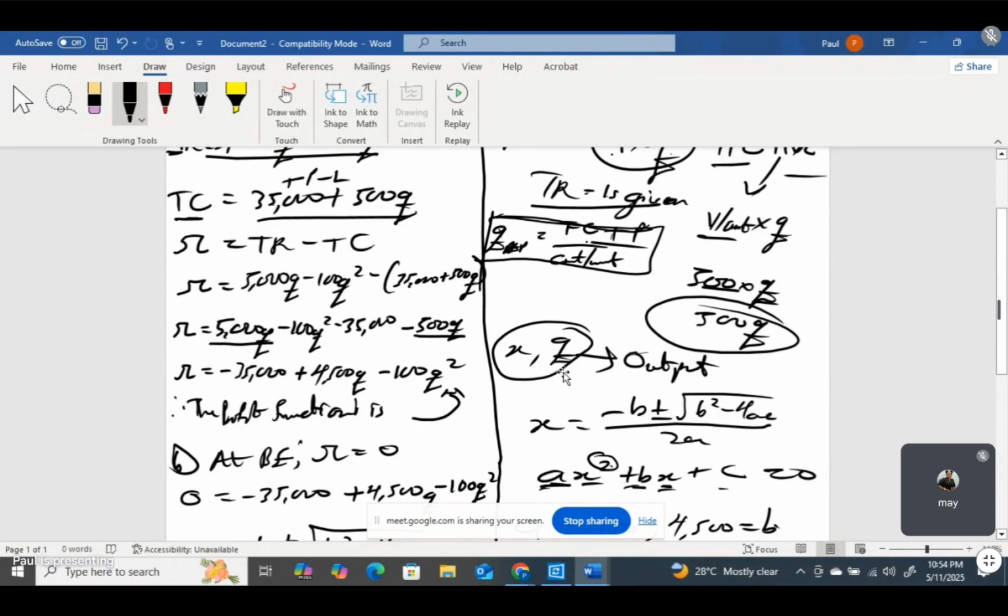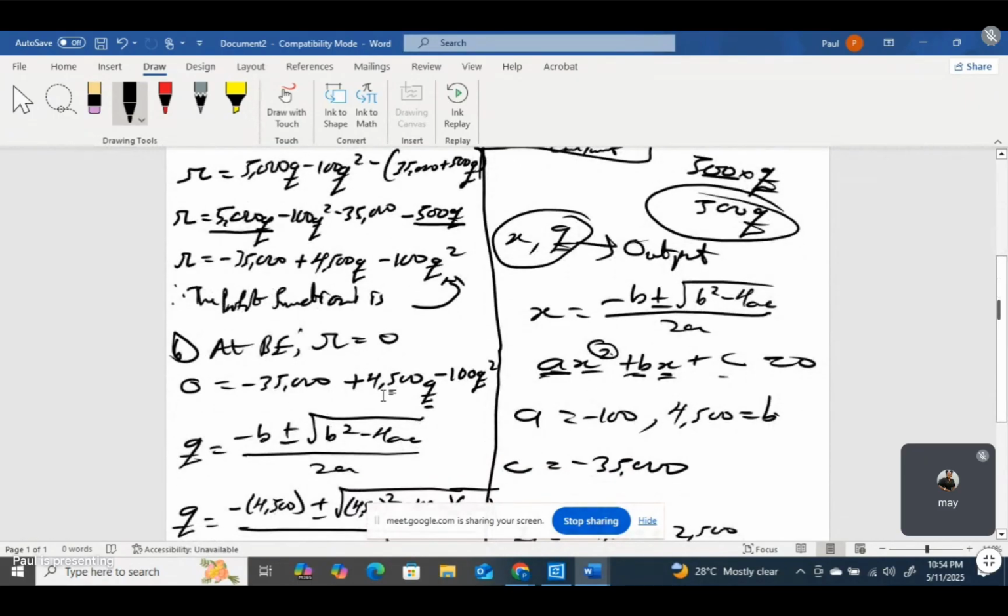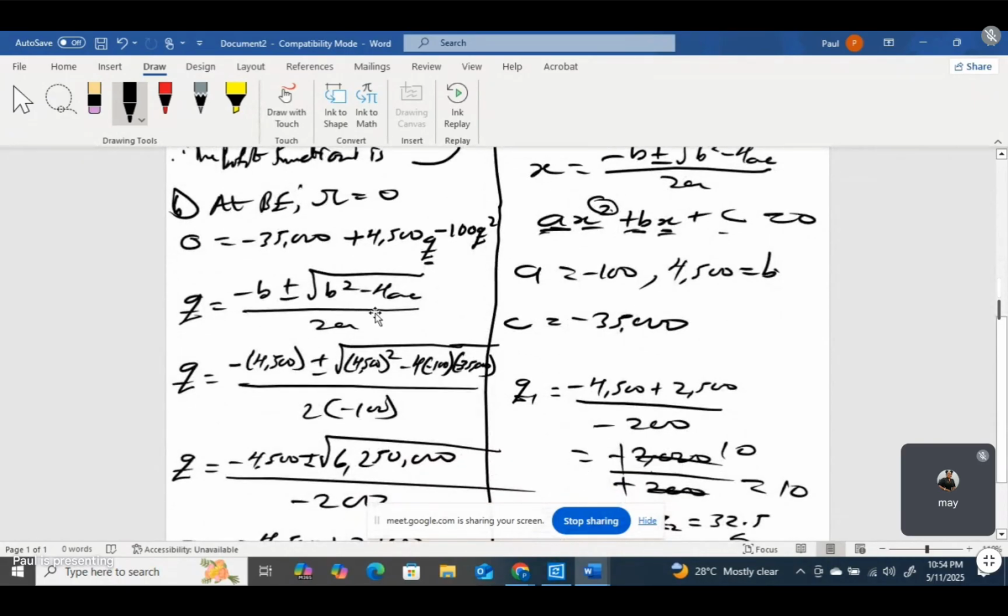And you see this is the profit function. I told you that at break even, profit is equal to 0. So you equate the profit to 0, then you solve using the general quadratic formula. You just insert the values. A is equal to negative 100 because that's the coefficient of Q squared.